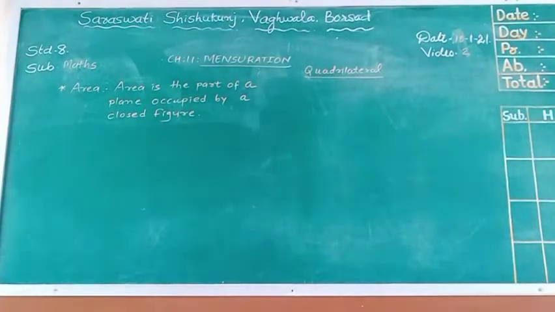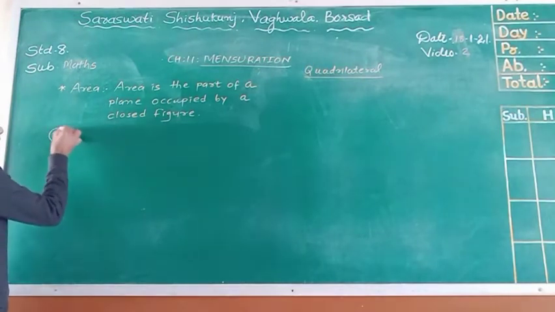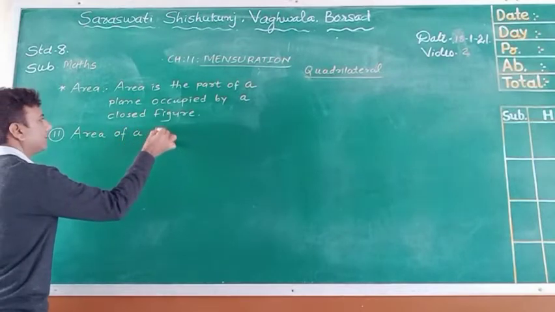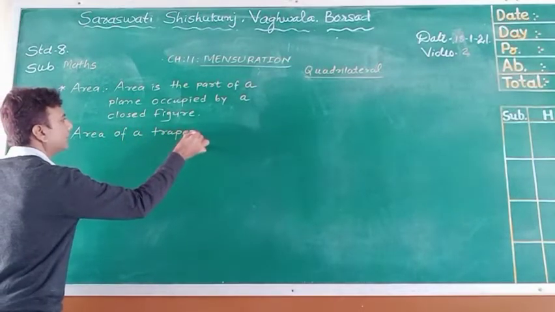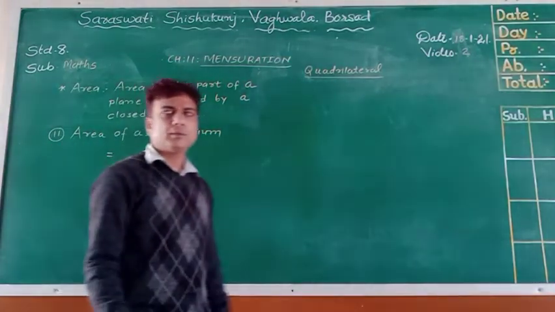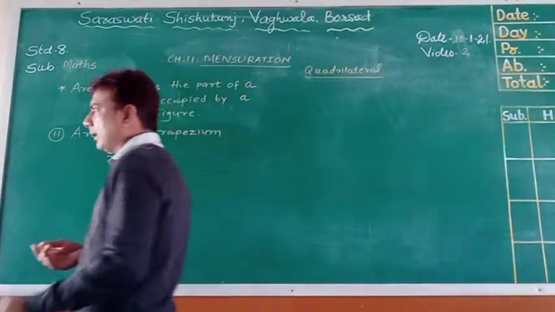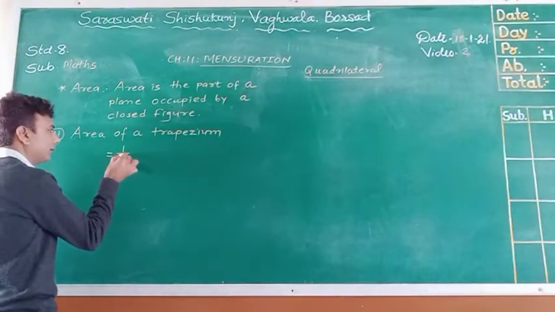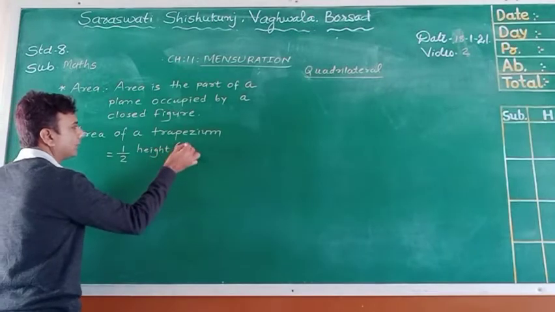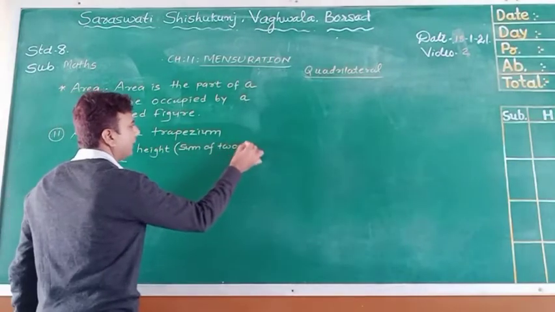Now the next formula, formula number 11. Area of trapezoid. So area of trapezoid equal to 1/2 height into sum of two parallel sides.